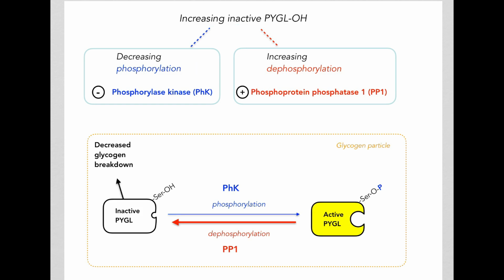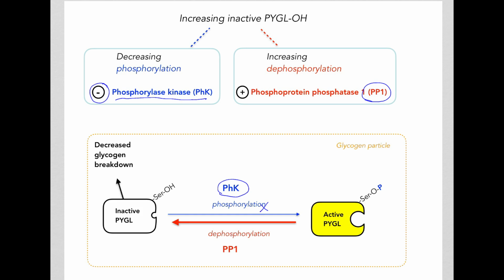A major protein that carries out phosphorylation is the enzyme PHK, or phosphorylase kinase. So insulin inhibits PHK, thereby inhibiting phosphorylation. The protein that causes dephosphorylation, like before, is PP1, phosphoprotein phosphatase.